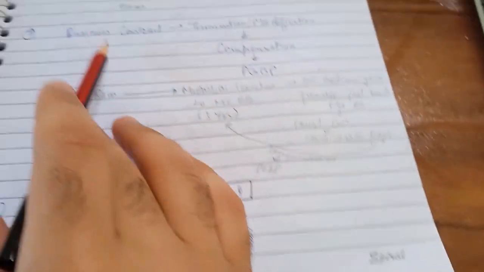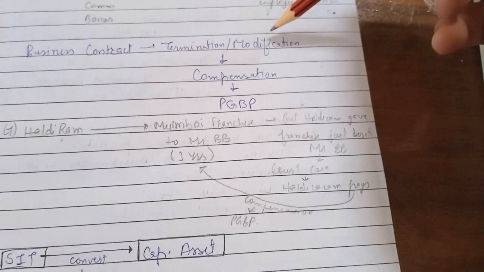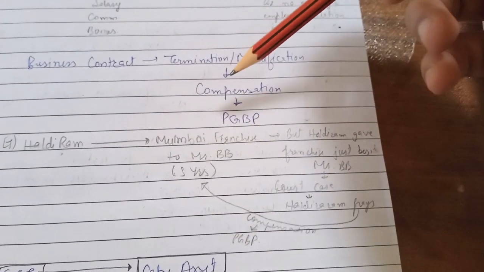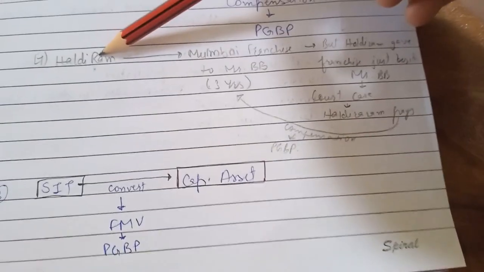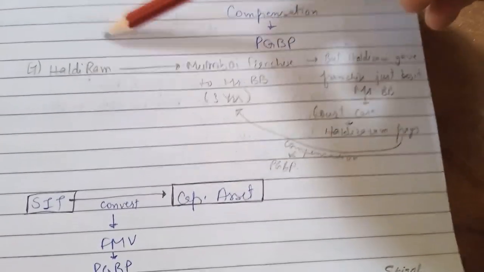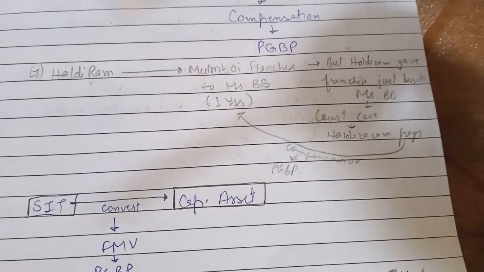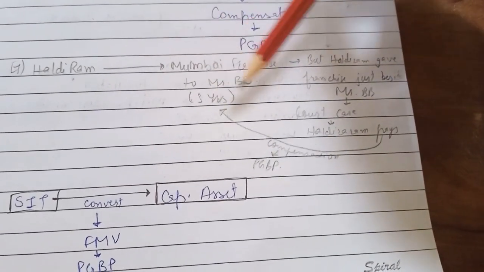And after that, there are contracts. When two or more persons make a contract and on termination or modification of the same contract, a compensation is paid by one party to the other, that compensation is treated under the head business income. For example, Haldiram gave a franchise to Mr. BB to run for 3 years, but Haldiram gave the same franchise to some other person also, right beside BB's shop, which will be a direct competition for Mr. BB.